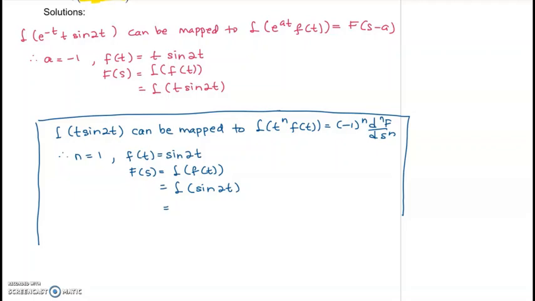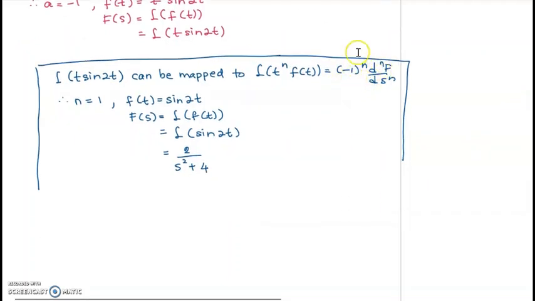So the answer is 2 over s squared plus 2 squared, which is 4. So that is F(s). But the answer is supposed to be in this form, so what we want to get is the Laplace of t sine 2t.